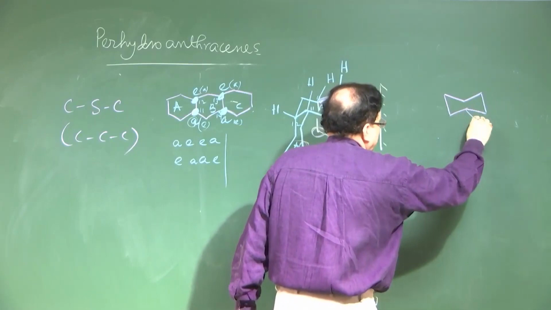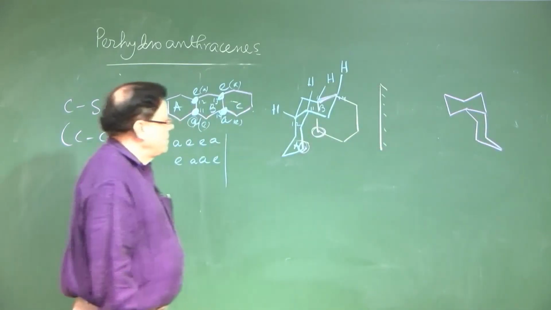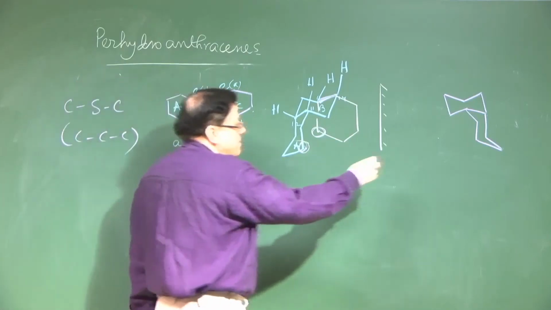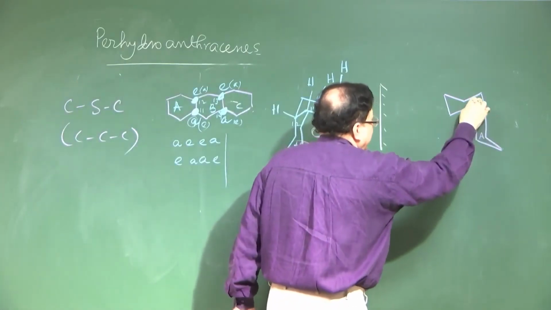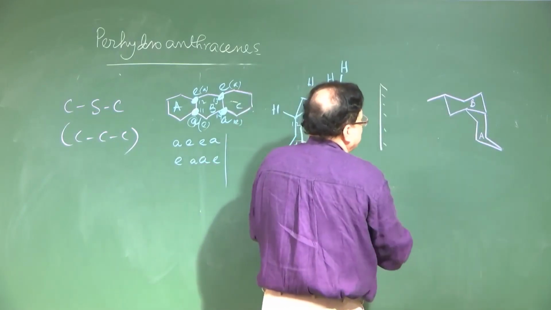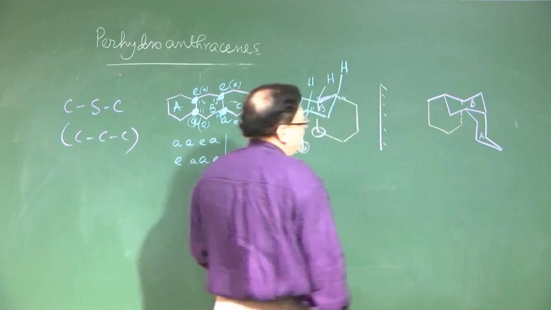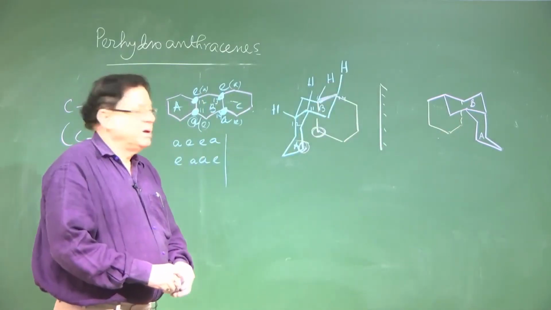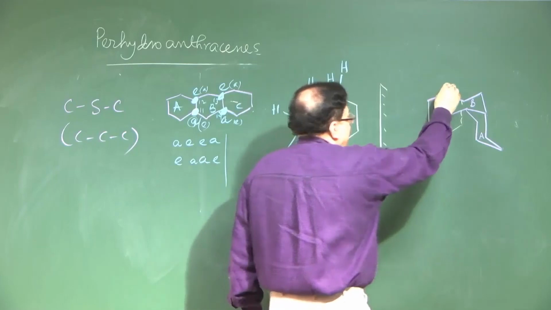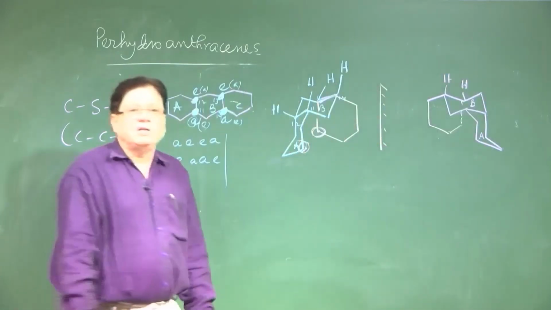So, that ring will look like this, that is the A ring, and this is the B ring, and your C ring, as I said, will look like a plane hexagon. Okay. So, this is the mirror image.